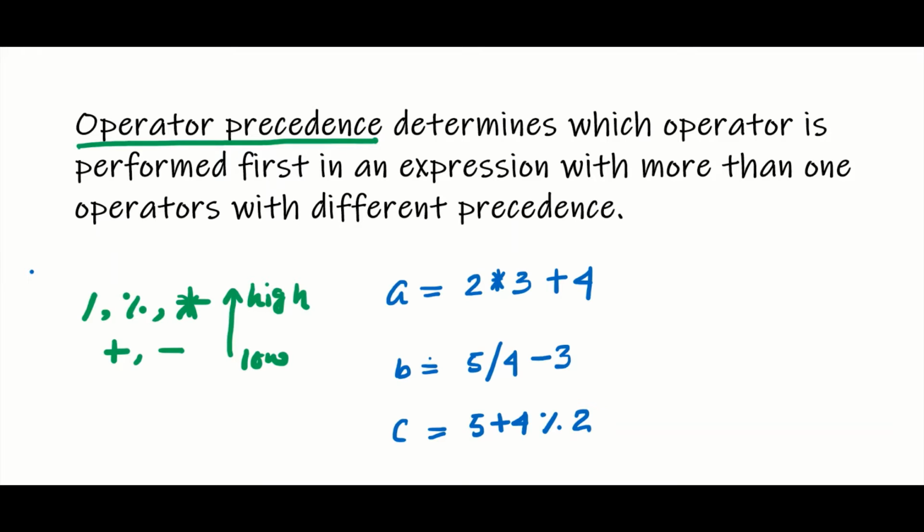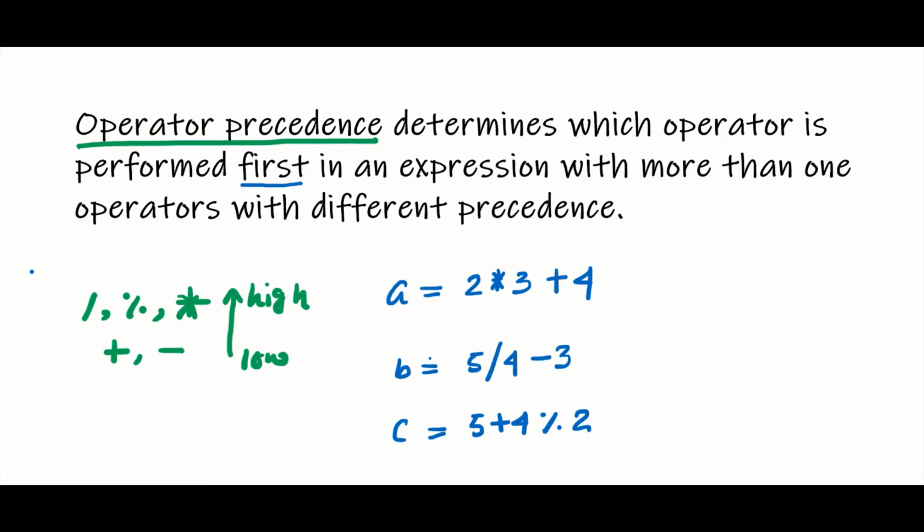Here we're going to learn two concepts related to operators. First of all is operator precedence. So let's read the definition of what operator precedence actually means. Precedence determines which operator is performed first.